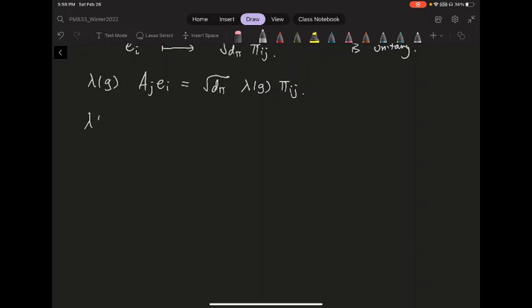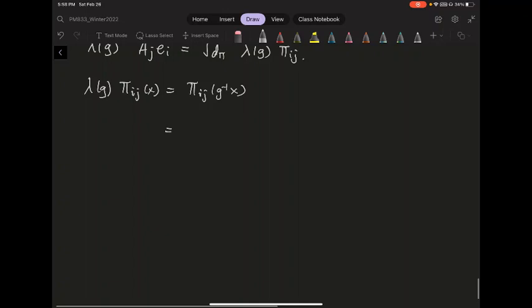Let's do some calculation. Lambda g applied to pi ij of x is the left translate, so you get pi ij of g inverse x. And you think about this pi ij as the ijth entry of a matrix.